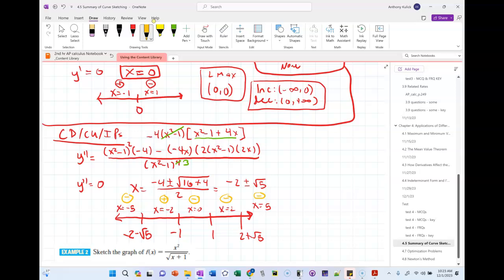Ooh, oh no, guys. Hold on one second. I think I goofed that simplification there. Took the negative. Yeah, I did. Confound it.